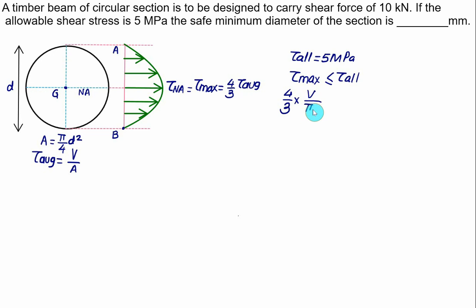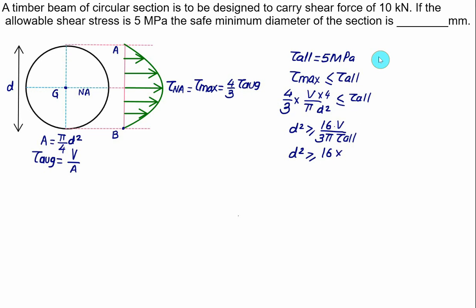So we have pi, 4 will shift in the numerator, divided by d square, must be less than tau allowable. So we have d square should be greater than or equal to 4 and 4 is 16, so 16 times V divided by 3 divided by pi divided by tau allowable.